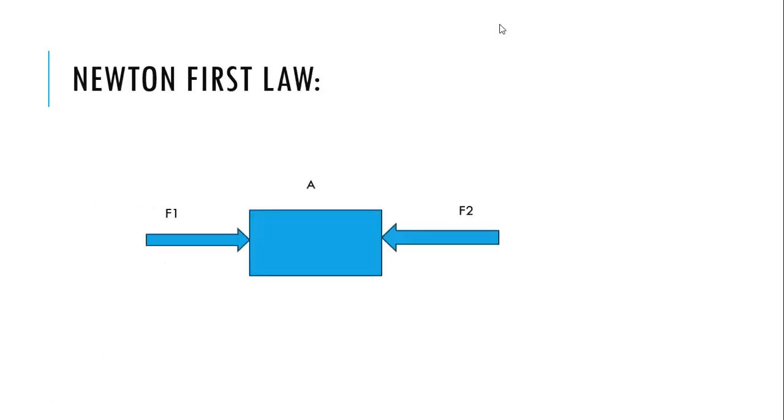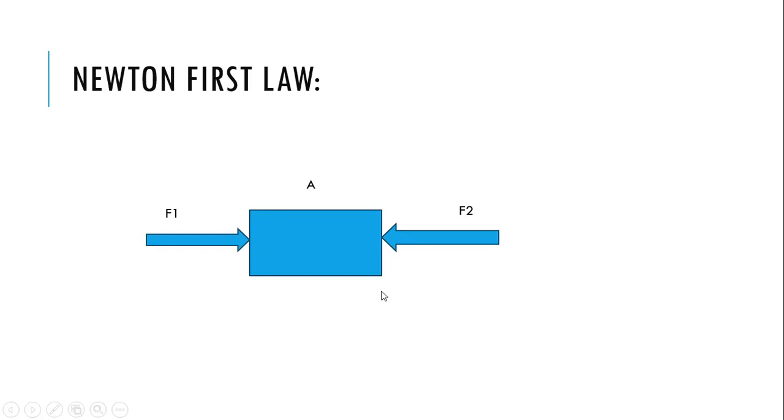Now let us start with Newton's first law of motion. Take a rigid body A, which is at rest at a particular point. Now consider two forces F1 and F2, which are equal in magnitude and act along the same line of action.